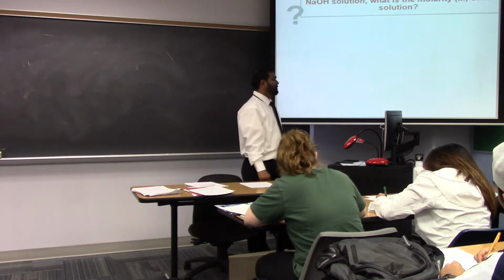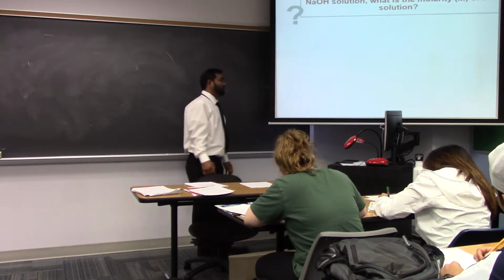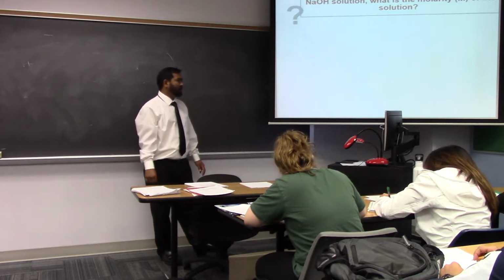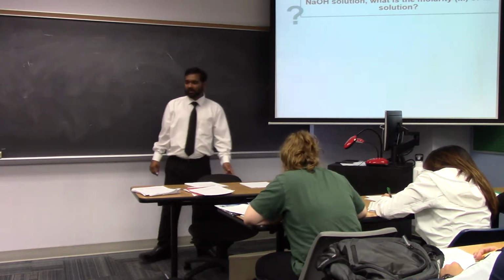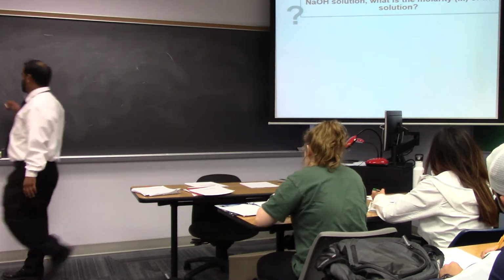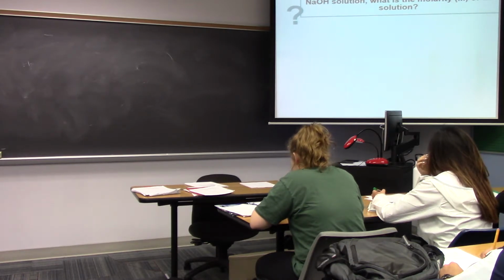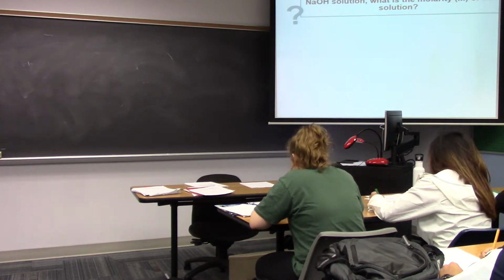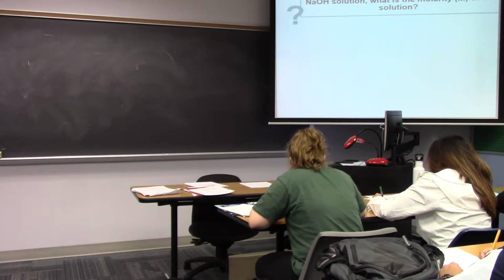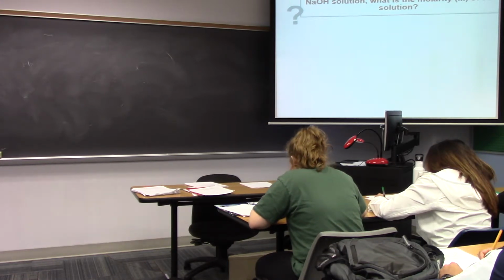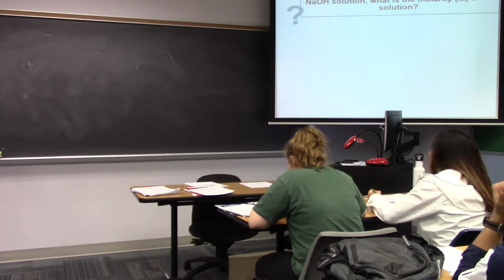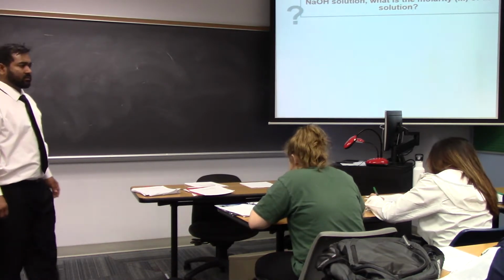So this is the equation, right? To calculate molarity, you get number of moles over volume in liters. Do we have the number of moles in here? Can you get the number of moles of sodium hydroxide? Yes, from grams, dividing by molar mass.